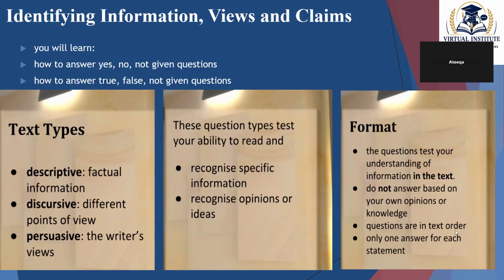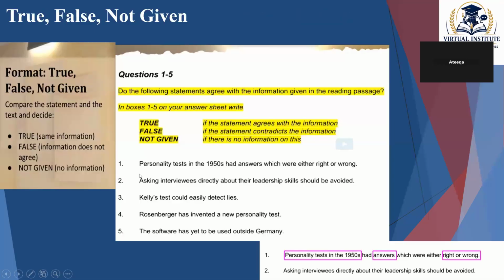Lastly, questions are in the text order, unlike the other ones, and only one answer for each statement should be selected, right? Now, here is an example question. Compare the statements and the text and decide whether the information is true, false, or not given. These are the instructions, and the questions are about true, false, and not given, right?